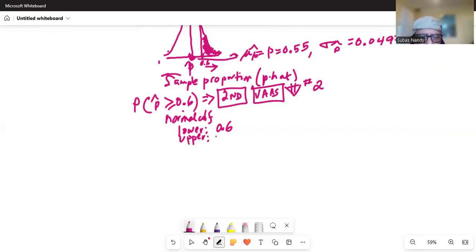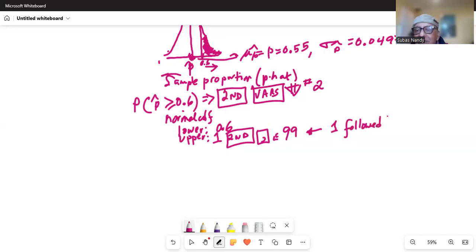So in the upper, I type 1, then I press the second button on the top left, then the comma button on top of 7, and it gives me the small cap E, that is, 10 to the power of 99. This means 1 followed by 99 zeros. This is a very large number on the right, all the way stretching to infinity.